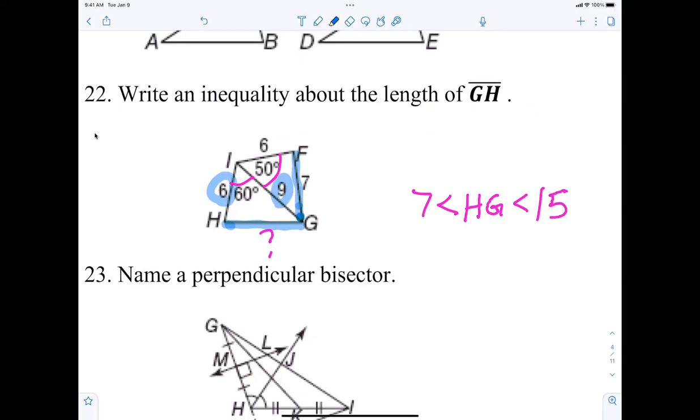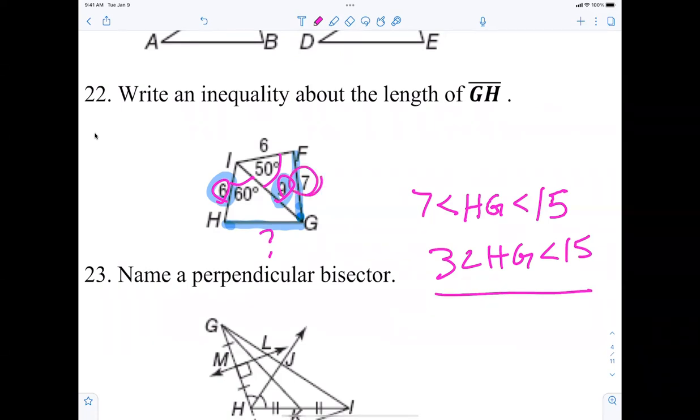The third side of a triangle is greater than the difference and less than the sum. Katie at first said it's 3, and she was almost correct, because she just added 9 plus 6 and subtracted 9 and 6. You see it, right? But we also know from the Hinge theorem it has to be less than what? 7. Has to be less than 7. All right, so that was kind of tricky.